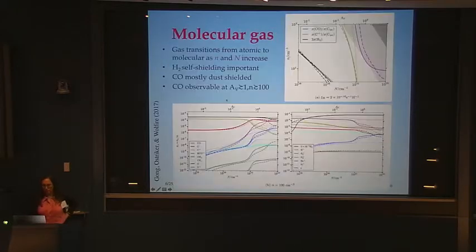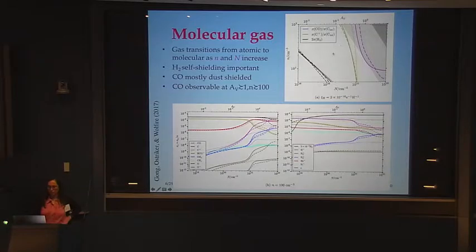Okay, so where do we actually have molecular gas? We can have molecular gas where both the density and the column density are high enough. This is for where it's 10%, 50%, and 90% of H2, C+ and CO, for a slab model, as a function of column and density.